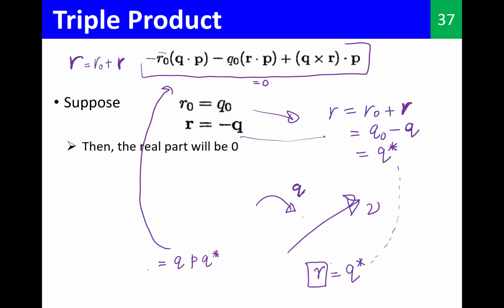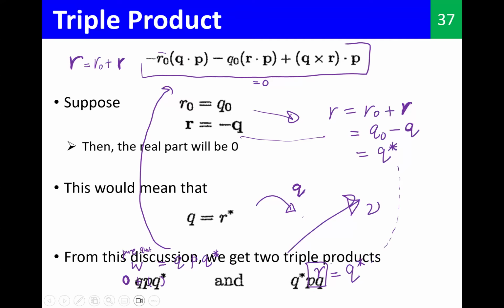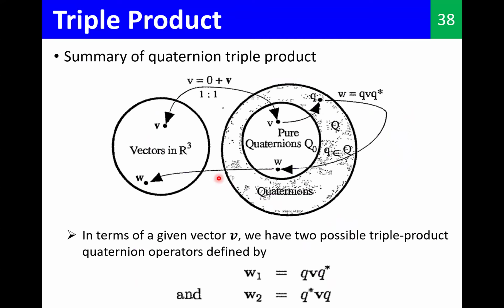Therefore, whatever the answer I get from this has a 0 scalar part plus some vector part. So this is basically a pure quaternion, and that makes us happy, right? That's what we wanted.